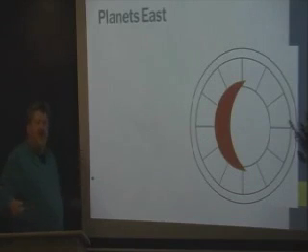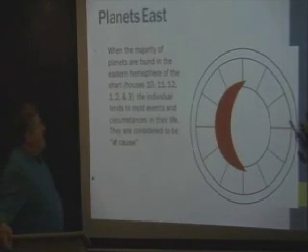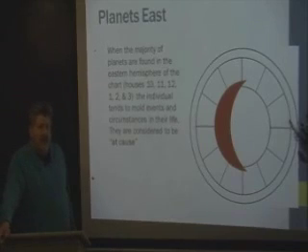Remember, we're looking south. So when planets are in the eastern hemisphere of a chart, we tend to say that the individual has an impact over their environment. They tend to mold events in their environment, or we might say they are at the cause of events in their lives. They make things happen.